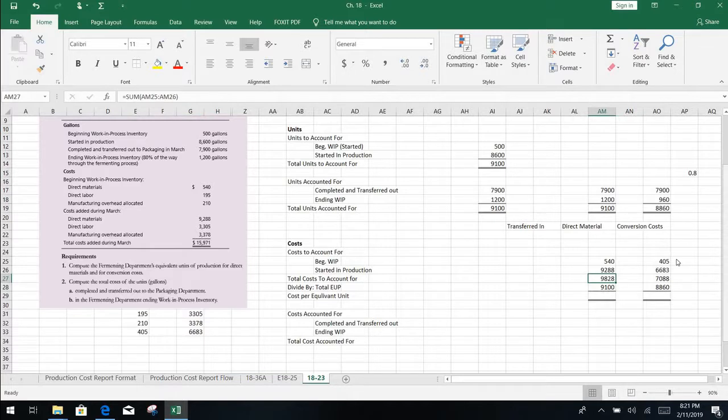This just has a top bar and a top bar, and these two values are divided together, so that's why they're going to have a double bar. So total cost to account for divided by that, so this equals this divided by this and enter.